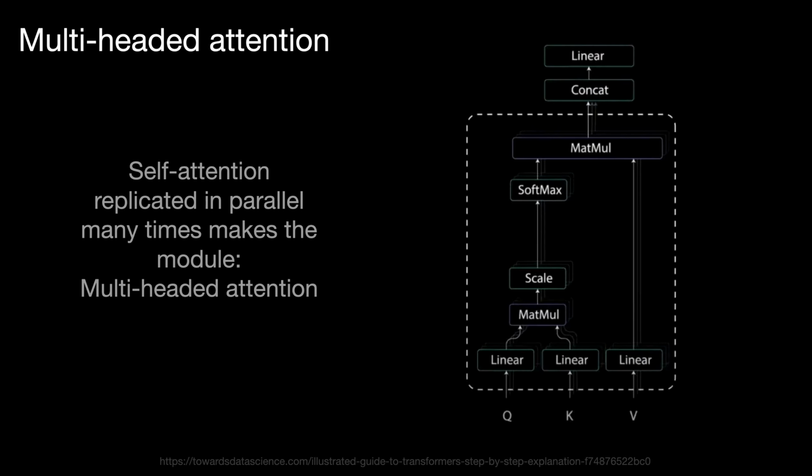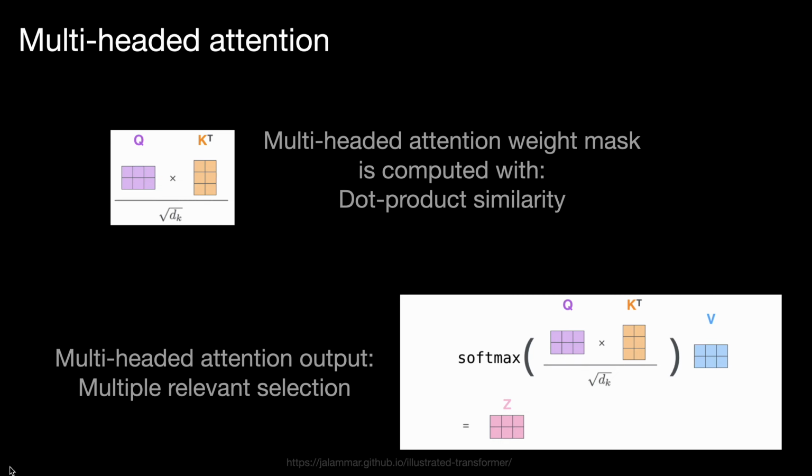And so this is a diagram of multi-headed attention, and I want to explore with you a little bit what it means to do what is in this box here, right? Okay, so what we're going to do is suppose that we encoded our inputs into a bunch of numbers. The multi-headed attention weight mask actually computes a dot product similarity.